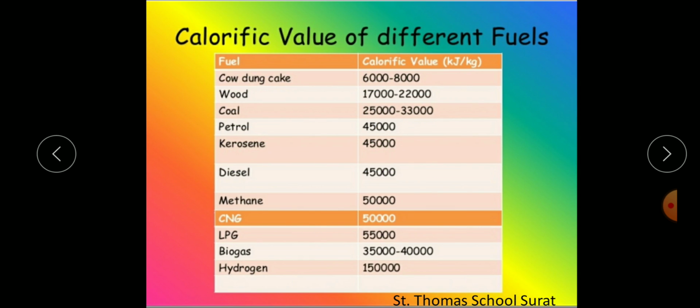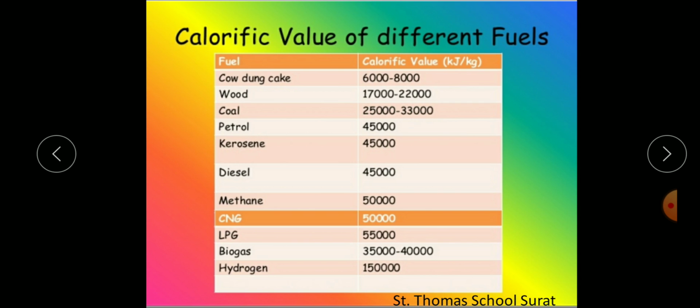You can see here different fuels having different calorific values. These are the fuels which are used and their calorific values are given here. Cow dung cake is nearly 6,000 to 8,000. Wood is 17,000 to 22,000. Coal is 25,000 to 33,000.